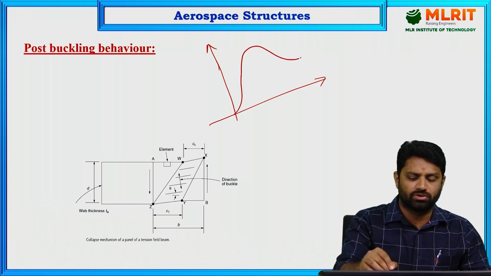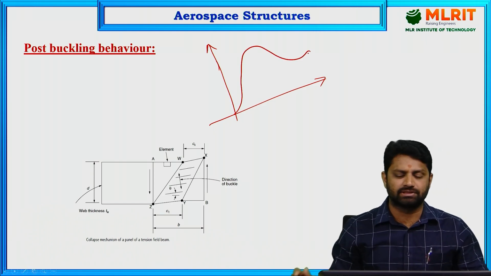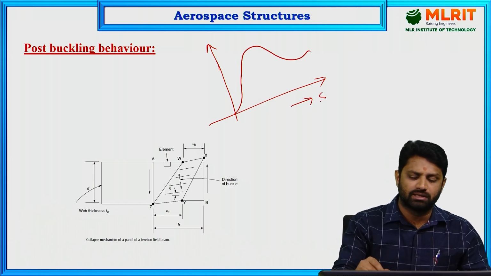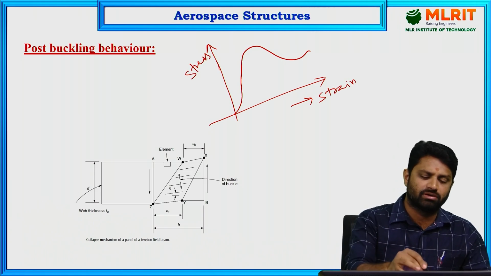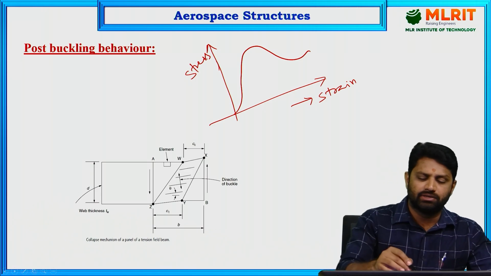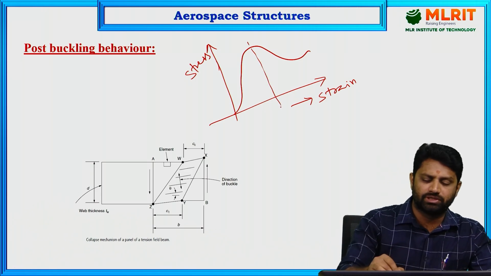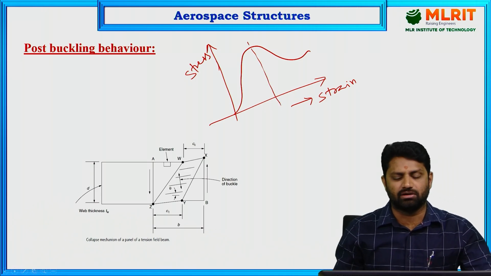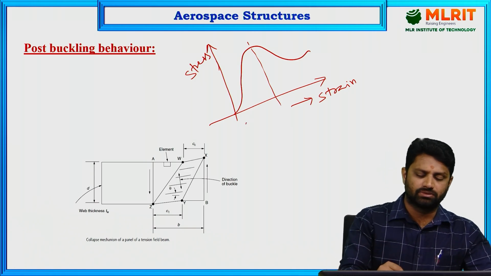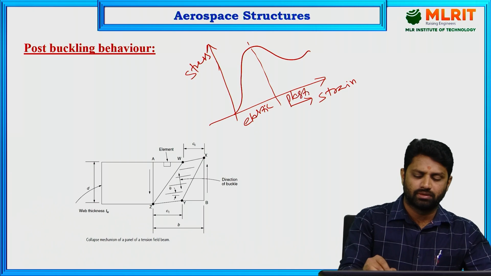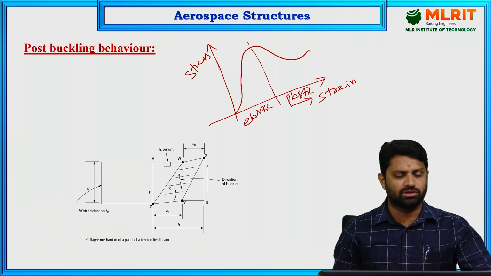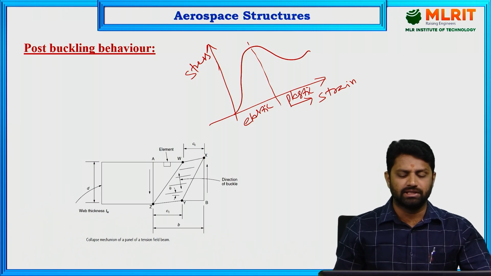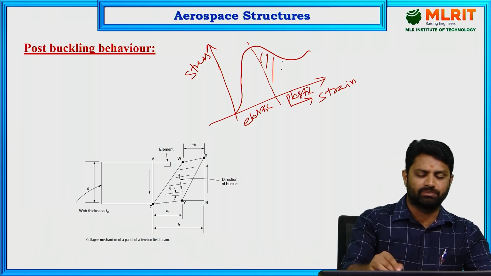You get a curve like this, in which you plot stress versus strain for mild steel, and you can see clearly that up to here is the elastic zone, and after that is the plastic zone. Whatever we study about tension field beams, when it comes to post buckling behavior, usually they deal with this area, that is the plastic zone.